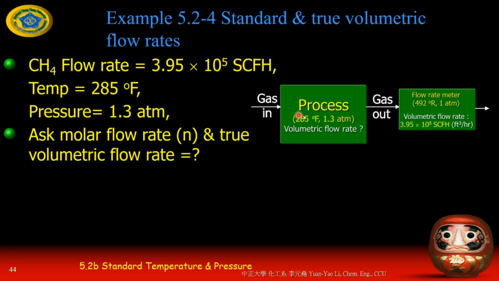The temperature is 285 Fahrenheit and the pressure is 1.3 atm. Now we move this gas out to the flow rate meter, which is at 492 Rankine and 1 atm, and the volumetric flow rate here is 3.95 times 10 to the 5th standard cubic feet per hour.